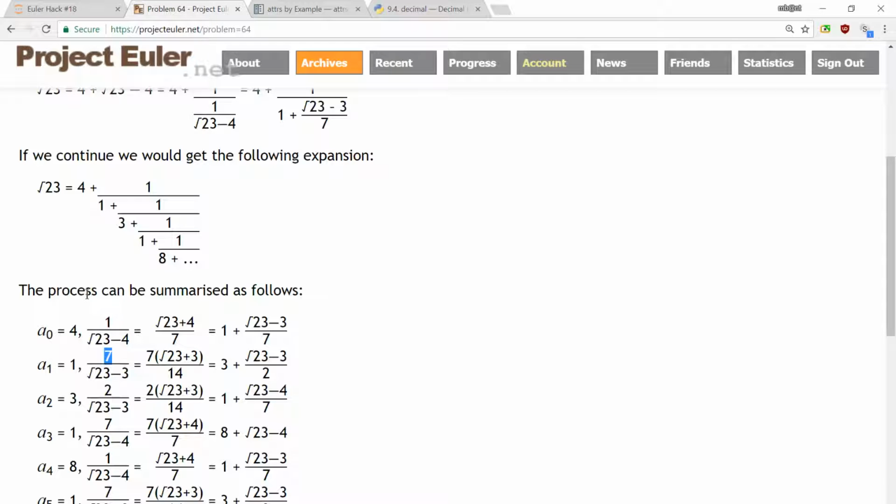For example, in this step we want to check the value of 2.